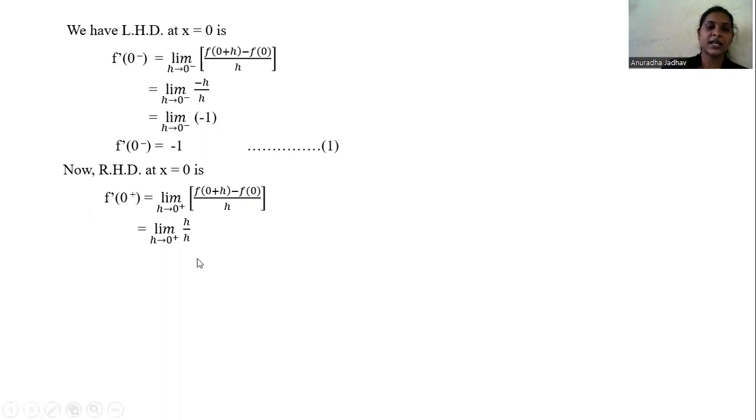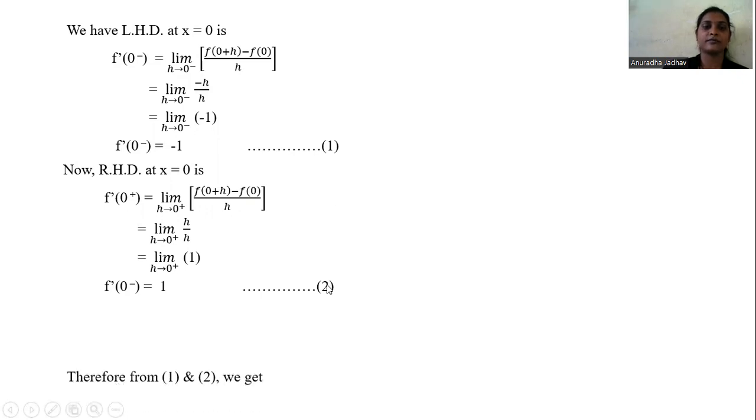The denominator h cancels, and the limit as h tends to 0 plus of 1 is 1. Hence, the right hand side limit is 1. Okay, here is a printing mistake. f dash of 0 plus is equal to 1. Say equation 1, say equation 2.